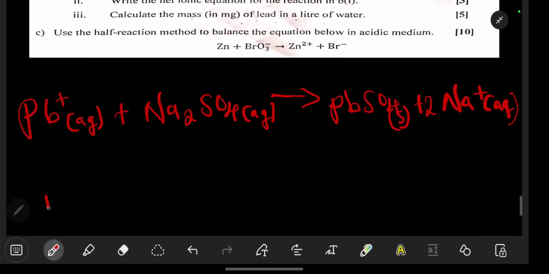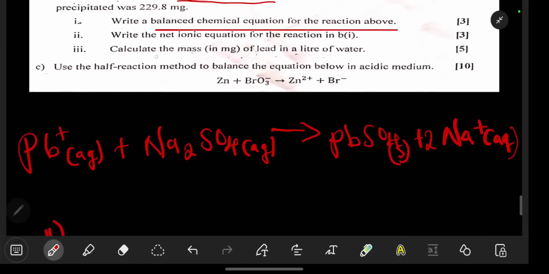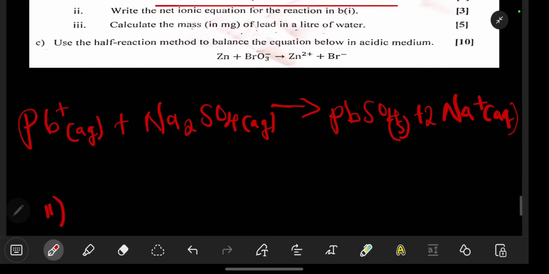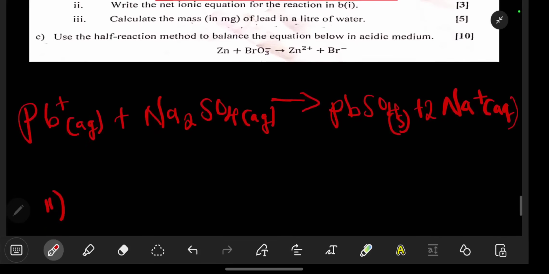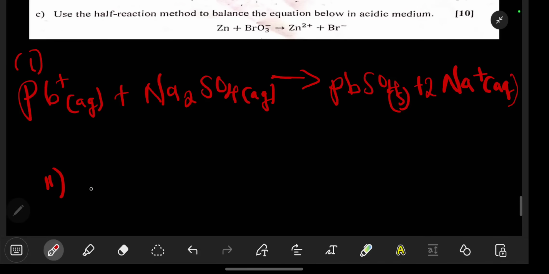We are going to go to our second part: write a net ionic equation for the reaction in B1. So for the reaction in B1, we are going to have something like this. This was our 3 marks. Then to write the net ionic equation, meaning we cancel the spectator ions, we have our Pb2+ (aq), and this one dissociates, so the 2 goes in front of sodium.